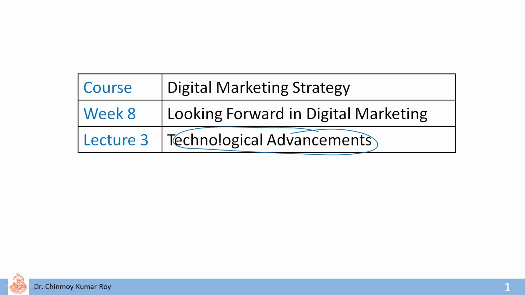So, from day 1, when we started this course, we have been discussing various things in digital marketing. We have noted one very key thing, that digital marketing has evolved with the technological advancements in internet and social media specifically.